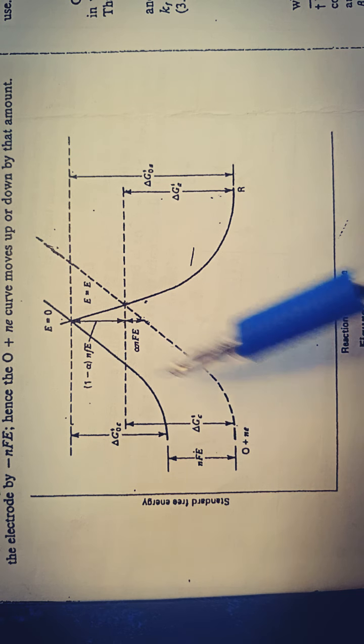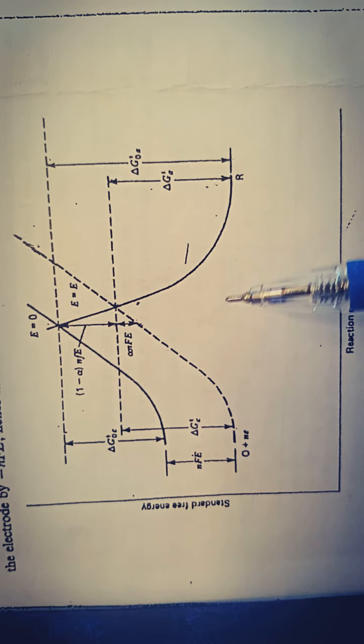The cathodic barrier moves towards the lower energy.